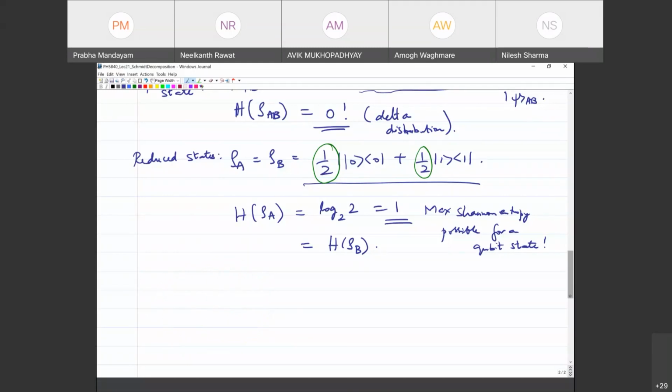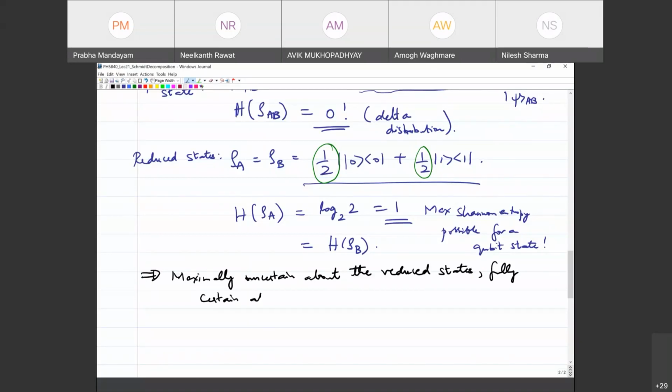So for now, I just want to point out this contrast. I want to therefore again reiterate the uncertainty point of view: that we are maximally uncertain about the reduced states, but in some sense fully certain about the joint state.